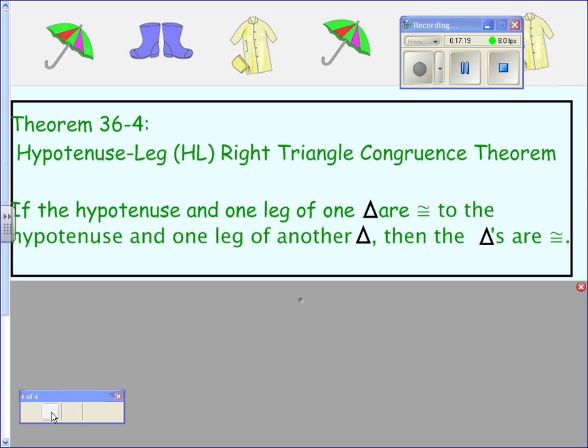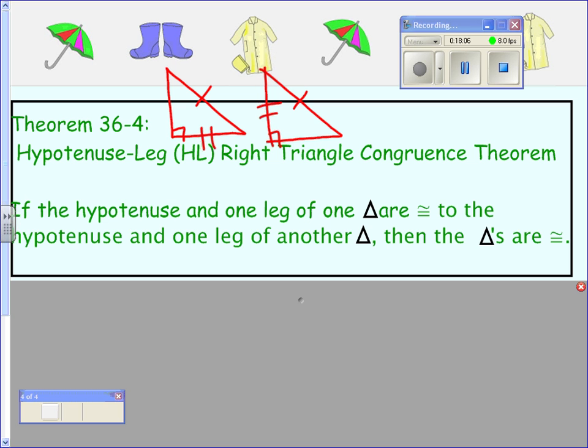All right, looking at the last one, hypotenuse leg. HL, right triangle congruence theorem. This is the only one that we do not have another triangle congruence theorem for.